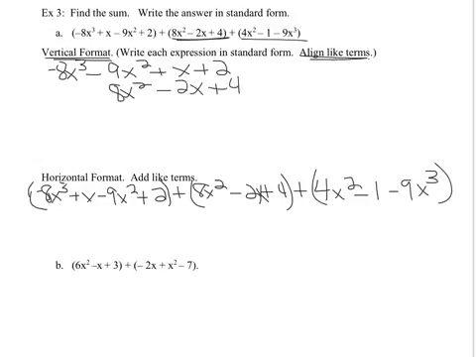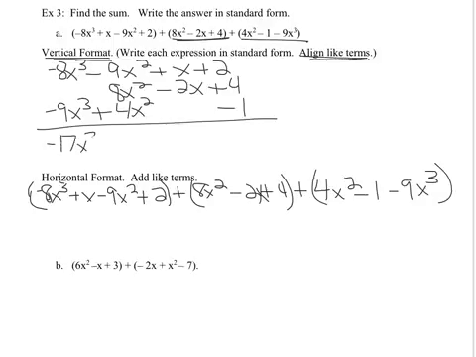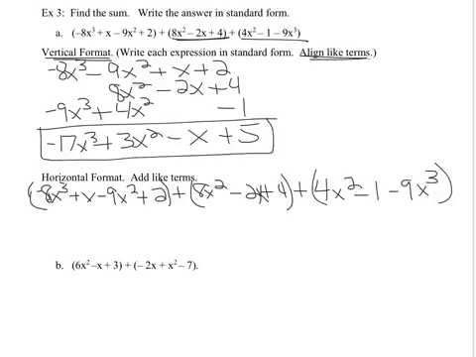And the third polynomial, I'd start with the negative 9x cubed, again lining up like terms, plus 4x squared minus 1. Then when you add up the columns, you get negative 17x cubed plus 3x squared, because it'd be like, say, 12x minus 9x, minus x, and then 6 minus 1 would be plus 5. And there's your answer.